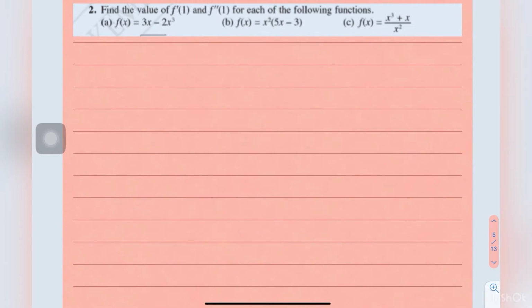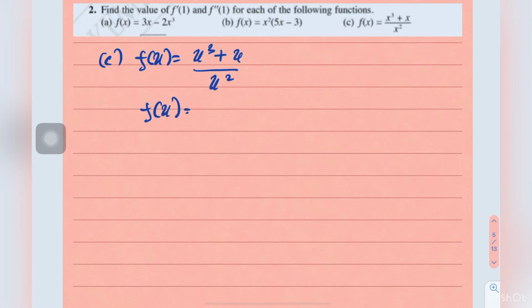For question C, f(x) equals x cubed plus x over x squared. Same thing: for this kind of question, you can use the quotient rule, or you can simplify, then differentiate one by one. I prefer to simplify first.